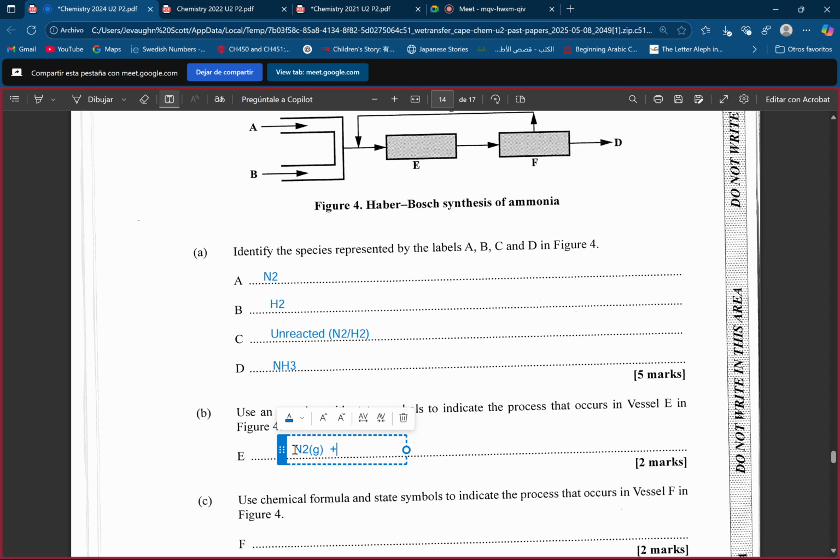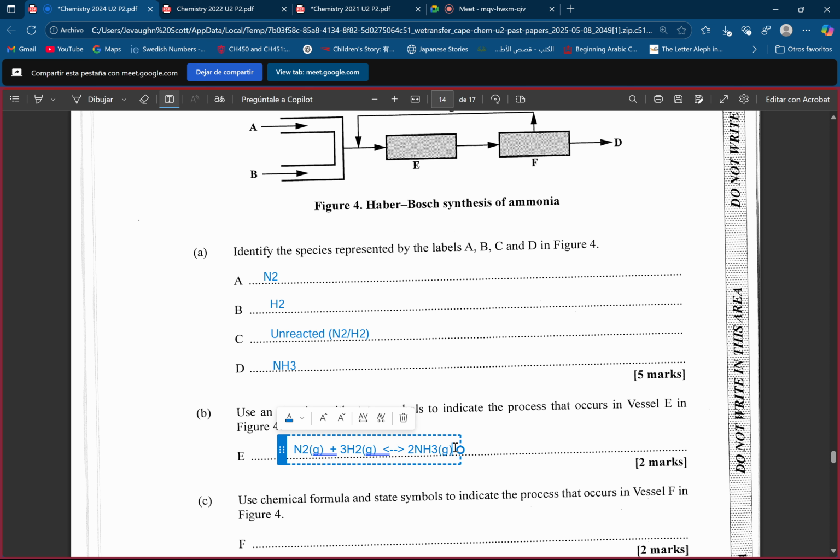because it's a state symbols, plus 3 moles, because it's a 1 to 3 ratio of H2 gas, right? That would give us 2 moles of NH3 gas. Oh, the reversible arrows.